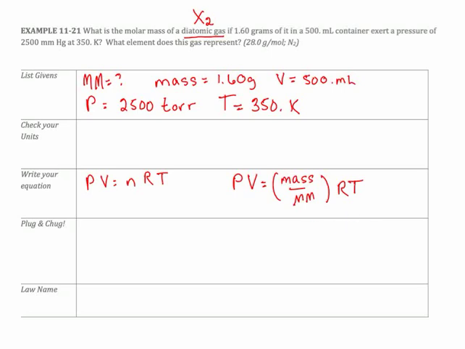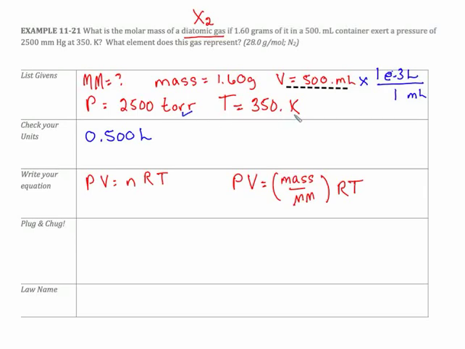Since we're using PreAP, we have to be careful with units. Let's look at some things that we need to watch. Volume has to be in liters. So that's 0.500 liters. You should be able to do that without showing the work, but if you are prone to going the wrong direction, which some are, I would write 1E minus 3 liters for every 1 milliliter.